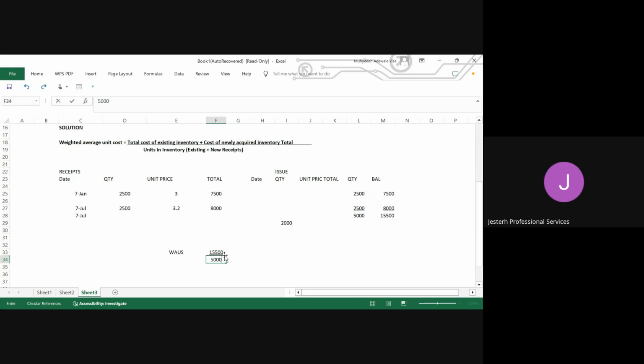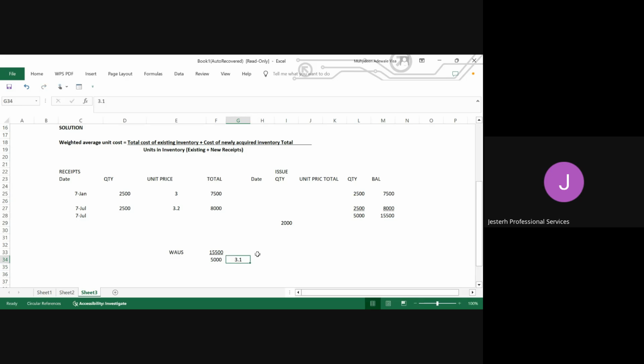That gives the unit price at which we are going to issue out our inventories. Now, if you carry your calculator and divide 15,500 by the 5,000 units that we have, it is going to give us 3 naira 1 kobo.